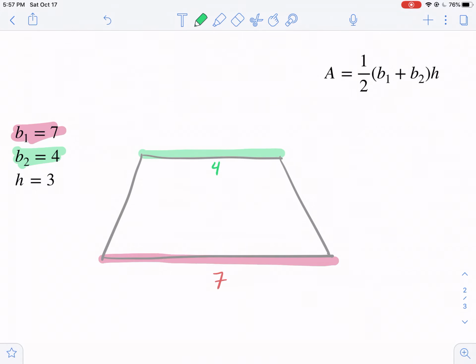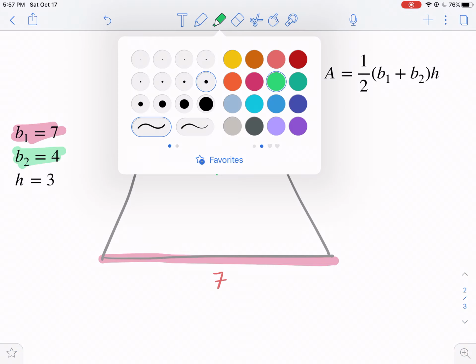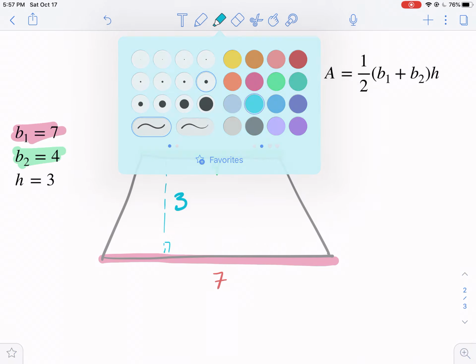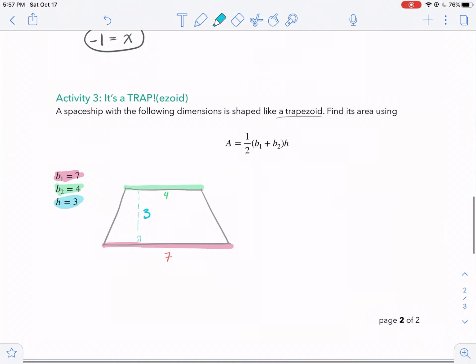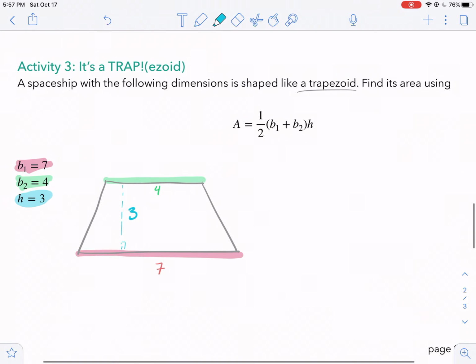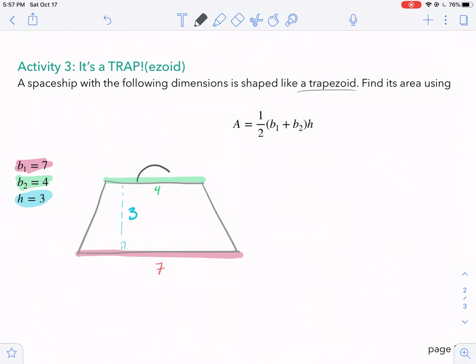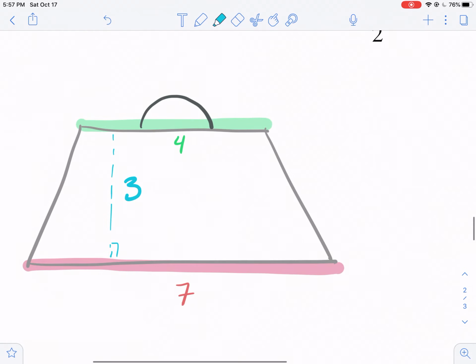And then its height is 3. So if we had an invisible line, whatever that is, that's 3. Also, this is a spaceship, so maybe it's got a little dome here with an alien guy inside.